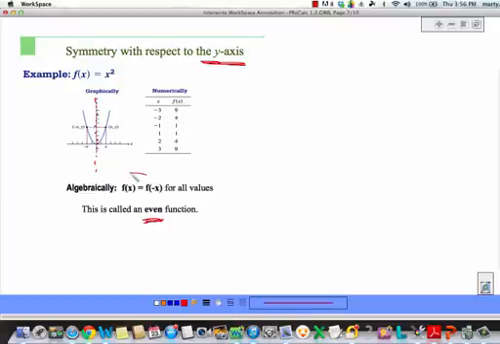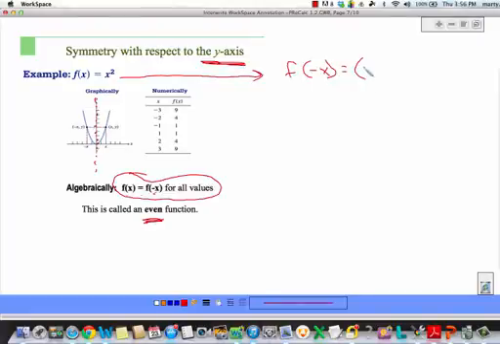Okay? How do we calculate whether or not we have an even function? When I change all of the x's to negatives and simplify, I get a function back that is exactly the same. f of x equals f of negative x. So if you take this function right here and I calculate f of negative x, that would tell me to put a negative in for all of the x's.